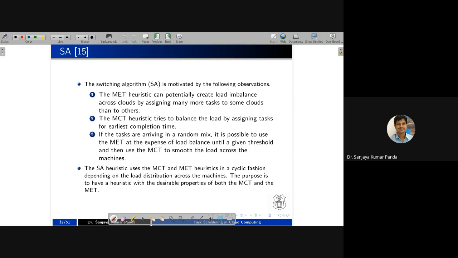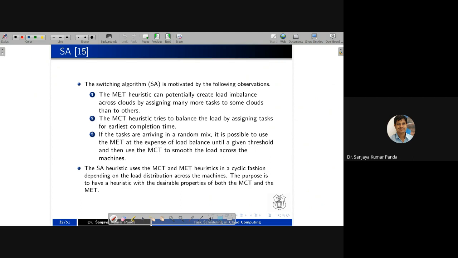So if the task arriving is a random mix, meaning for some tasks a particular cloud is better, for another set of tasks maybe C1 is better, another case C2 is better, another case C3 is better, and so on, it is possible to use MET at the expense of load balance until a given threshold, and then use MCT to smooth the load across the machines.